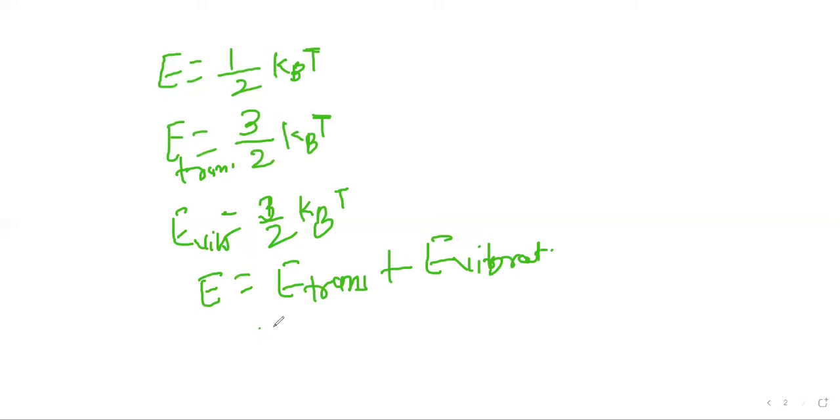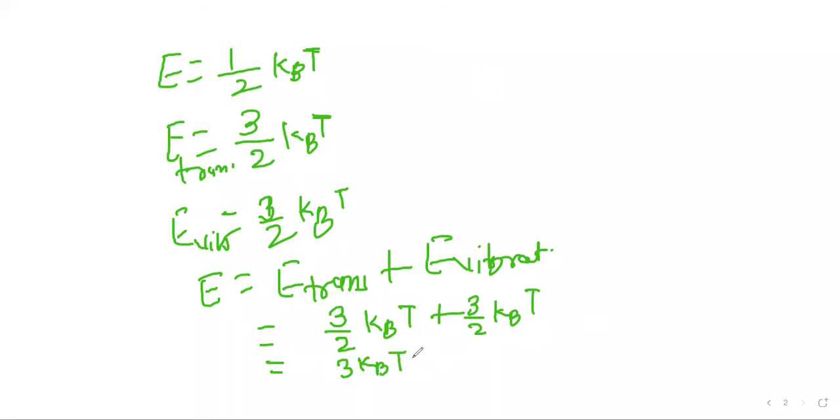So now this energy becomes 3 by 2 kBT plus 3 by 2 kBT, which becomes 3 kBT.